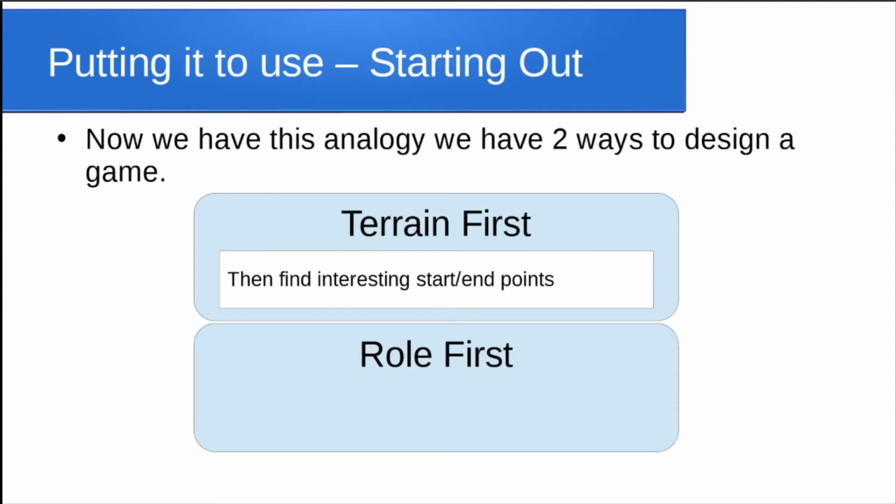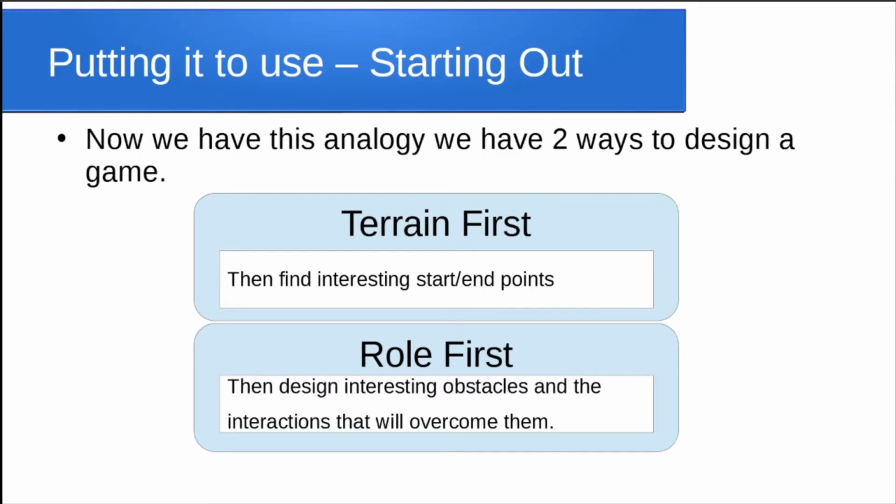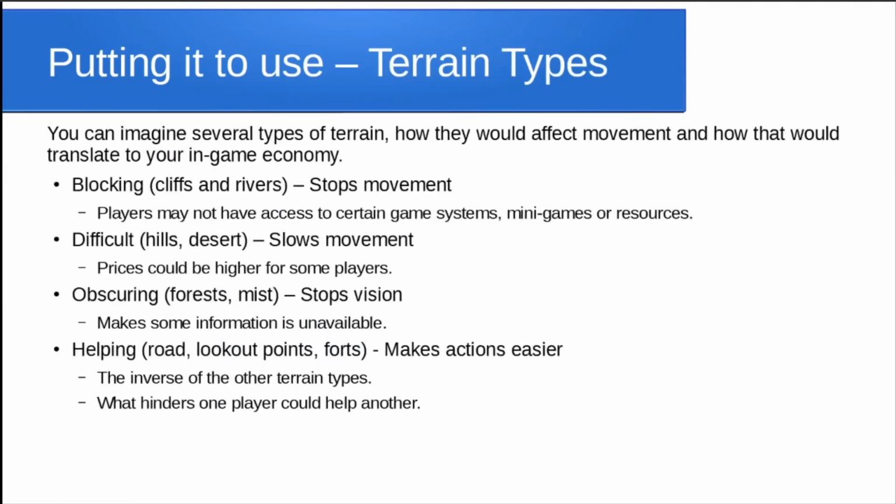The other way, which I'm starting to warm to a bit more, is getting the roles first, and then you're designing the terrain, drawing the map around them, and coming up with some interesting obstacles and interesting ways in which people can interact with them, and making interesting interactions between players that they'll need to do in order to overcome these obstacles. So that's one way we can use this analogy.